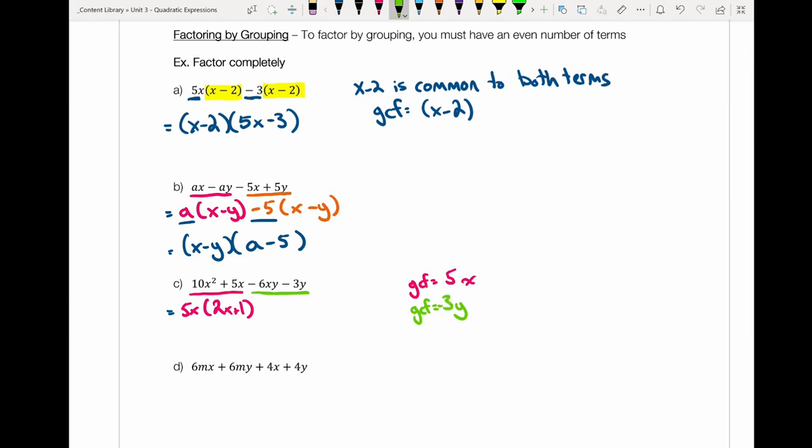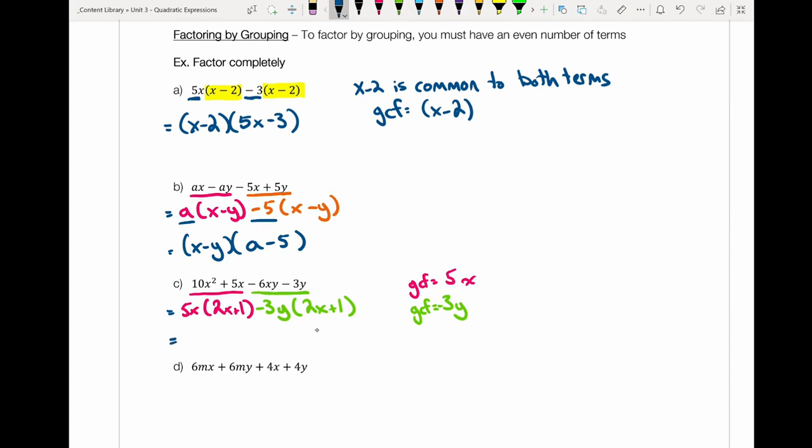That's the greatest coefficient, so minus 3y is my greatest common factor. Inside the bracket, I'm left with 2x plus 1. And again, if you took out a positive 3 instead, you would see that in this bracket, it would be very similar to the other one, except the signs would be different. So then you can go back and factor out a negative of that greatest common factor instead.